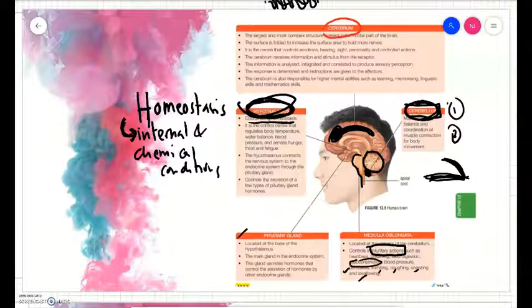Vasoconstriction ni adalah diameter blood capillaries. Dia ada masa blood capillaries dia expand, ada masa dia shrink, macam tu. So that is vasoconstriction.